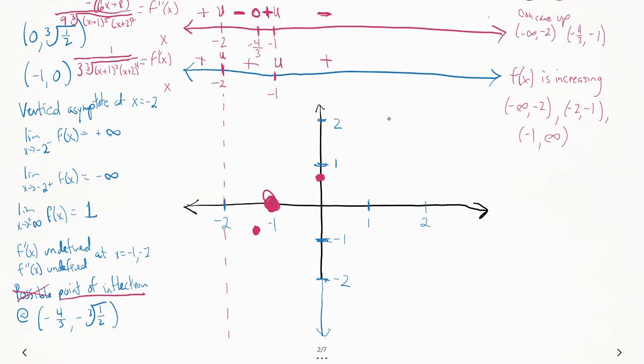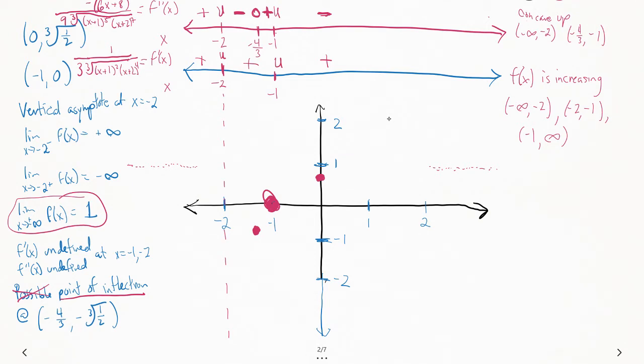Now remember, a couple other things. As we go to positive infinity and negative infinity, we're going to have y equals 1 as our asymptote, and that came from this part right here. So now let's draw this little shindig here.